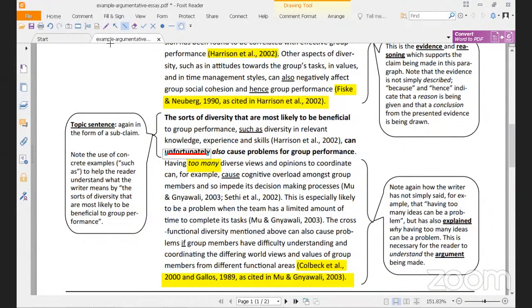And the cross-functional diversity mentioned above can also cause problems if group members have difficulty understanding and coordinating the differing worldviews and values of group members from different functional areas. Okay, so unfortunately, unfortunately.